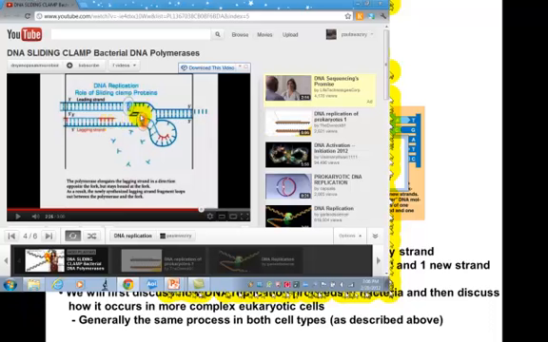So now the clamp loader and the clamp, those are attracted by this RNA primer. So the clamp loader brings the clamp to that junction here. See, this is the clamp. The clamp loader will bring the clamp and the whole DNA polymerase to the end of the primer, and then it will start to make new DNA.